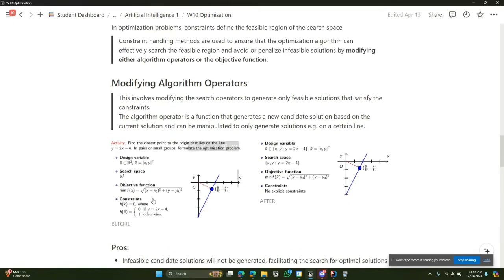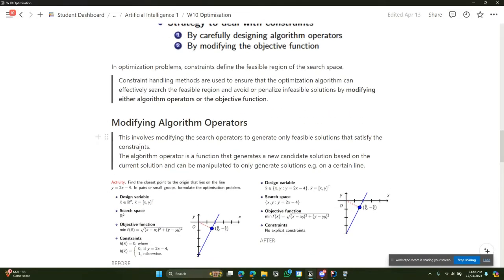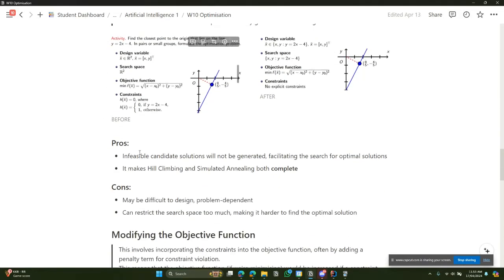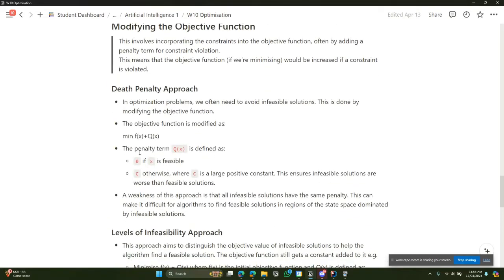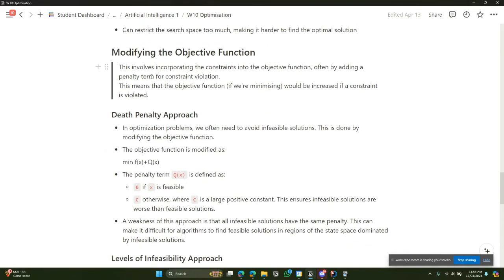We're going to move on to the second technique now, which is modifying the objective function. There are two approaches for this, actually. It's called death penalty and levels of infeasibility. Let's just look at what modifying the objective function as a constraint handling mechanism entails. This involves incorporating the constraint into the objective function, often by adding a penalty term for constraint violation, which is what we'll look at.